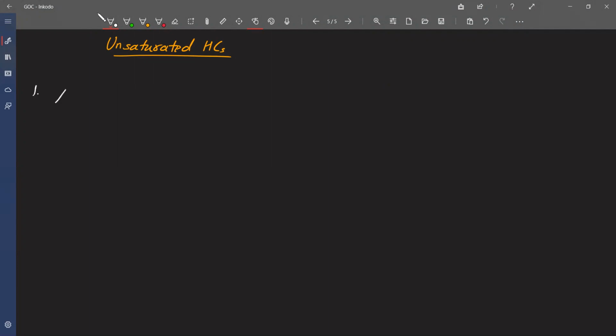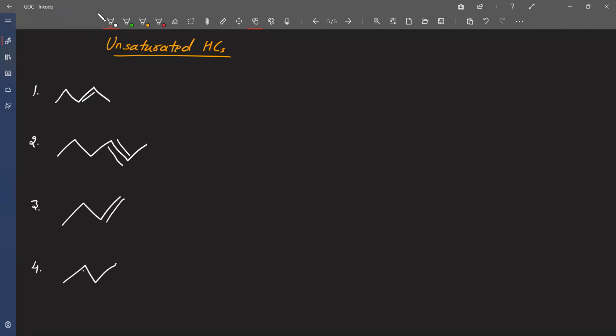One by one, I'll give you some structures to try to find out the names of those compounds. These are simple ones. You should be able to get all of them.